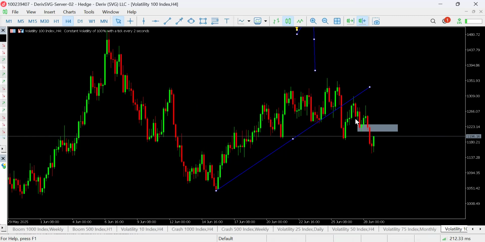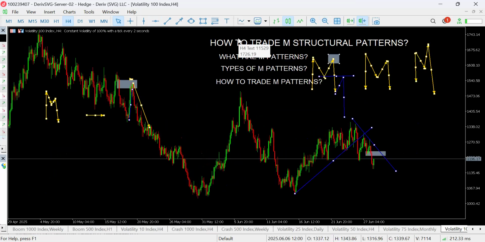So I'll be looking out for this trade and taking it. You can even impute a trend line here, also a counter trend line, and wait for the touch of this trend line, then take your what? Your sell trade. So that's that for how to trade the M structural pattern.